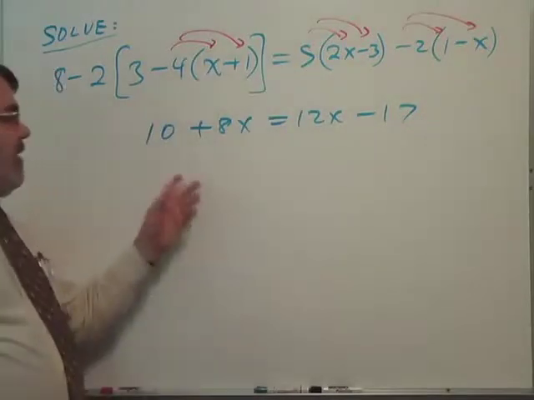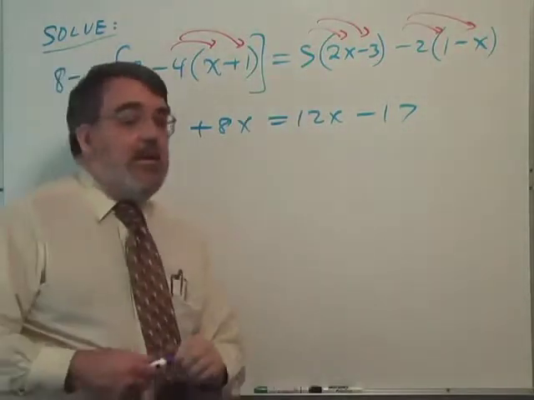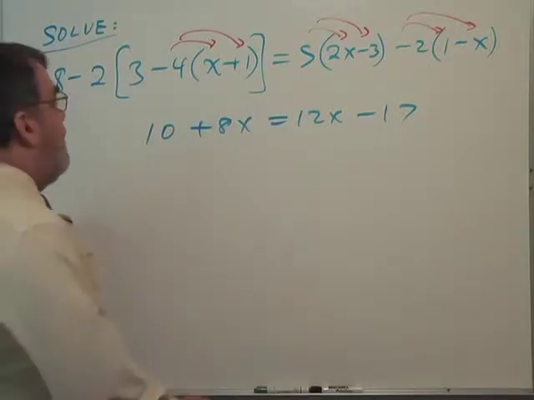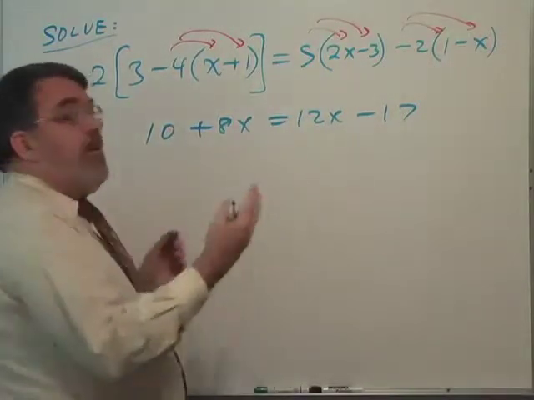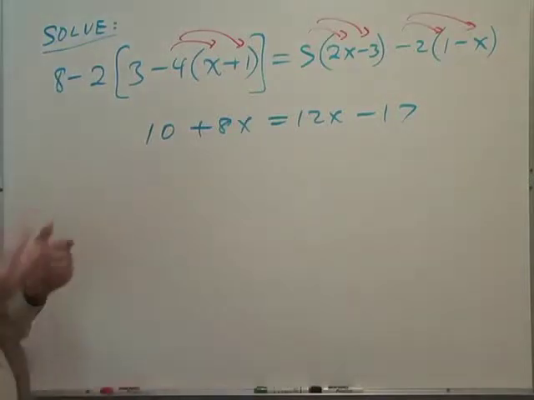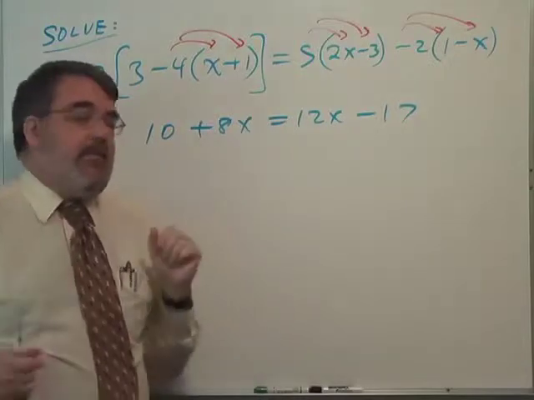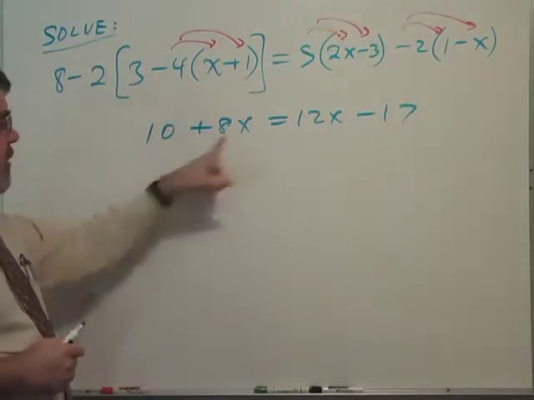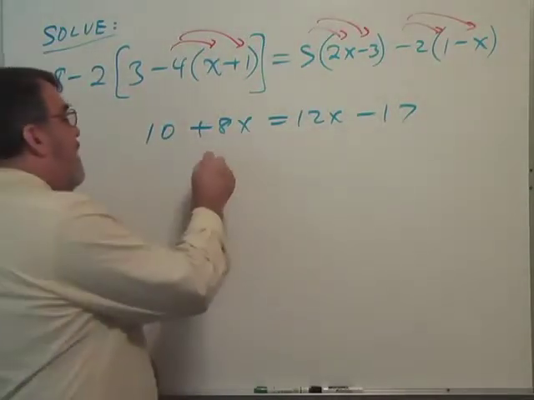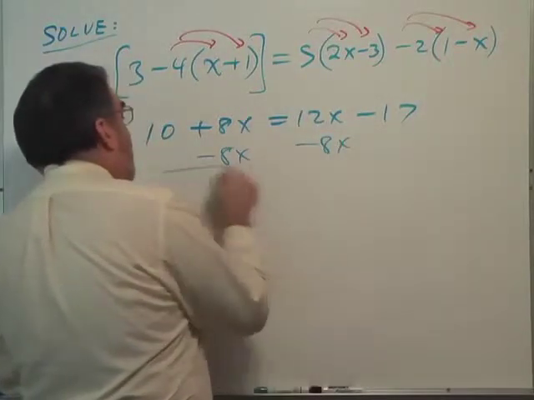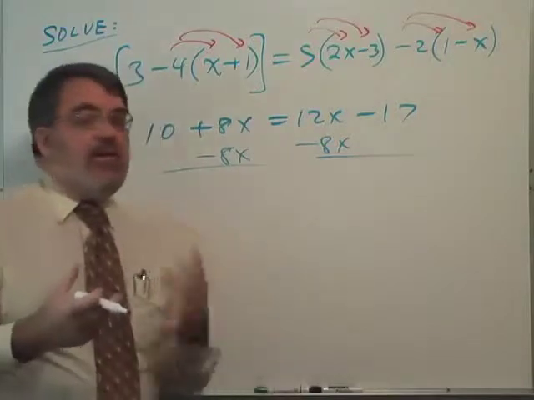So here's where we left off. 10 plus 8x equals 12x minus 17. And now it's like any other problem. Any other linear problem always ends up at some point with no more than 4 terms once you've done all the simplifying you can do. Here I'm going to subtract 8x from both sides. Like I mentioned in the last video, this process of solving is an undoing process.